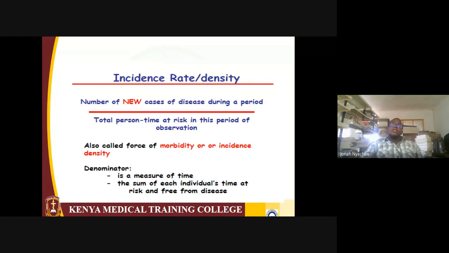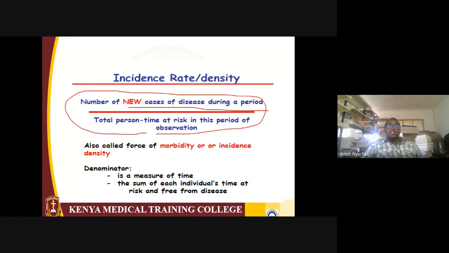So here also again we have incidence rates. This one you may not need to know much, but the incidence rate is the number of new cases of a disease during a period over the total person-time at risk in the period of observation. So this one is just good to know at this point. It is also called force of morbidity or incidence density.